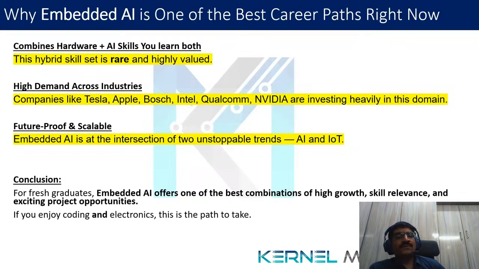A lot of requirements there. Future proof and scalable, obviously. As I told you, in the upcoming future the AI and IoT combination is there, so many projects are coming.